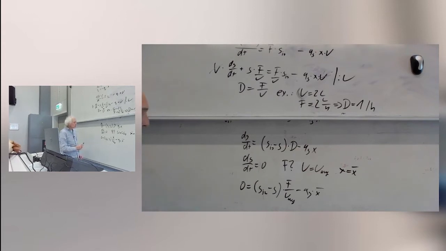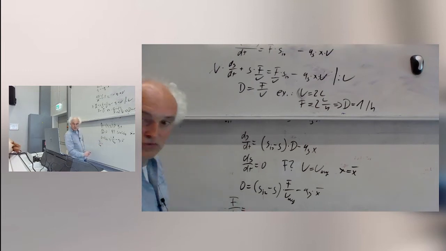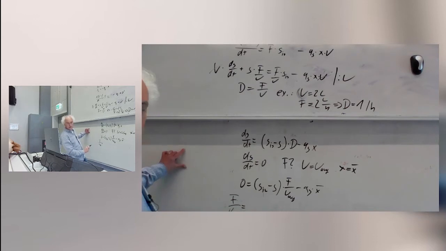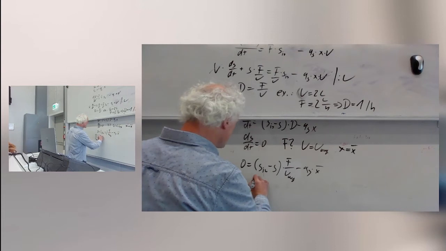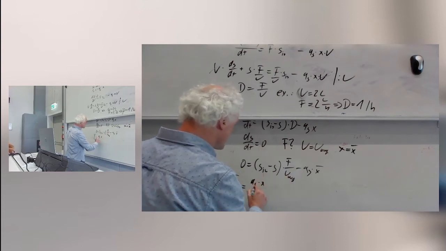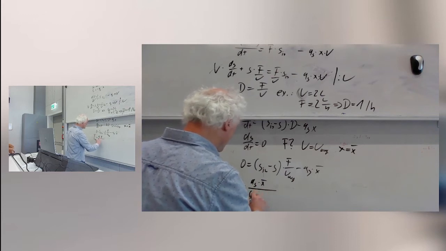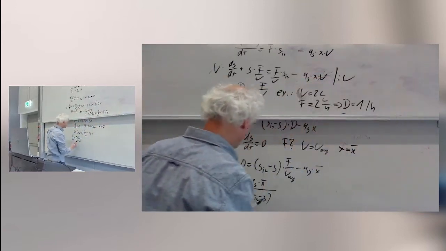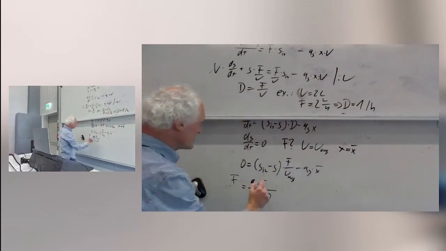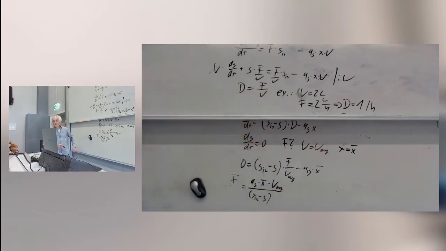So we simply solve now for F. F divided by V average is equal to q_S times X average divided by S_in minus S. And then, of course, we just bring over the V average, times V average. So this is our equation.